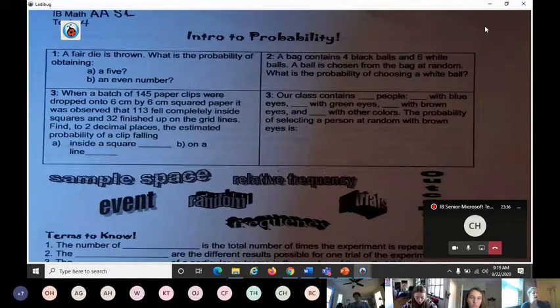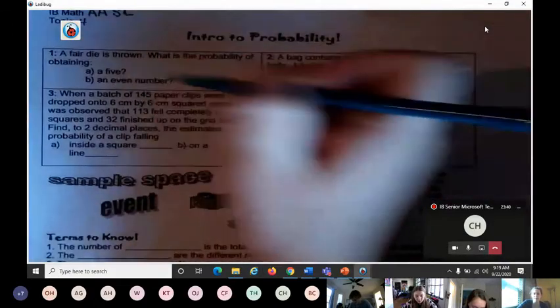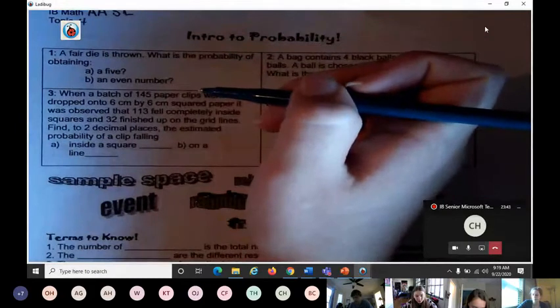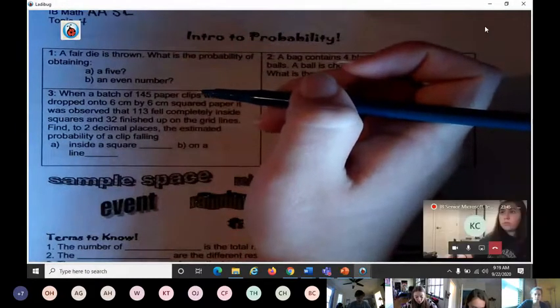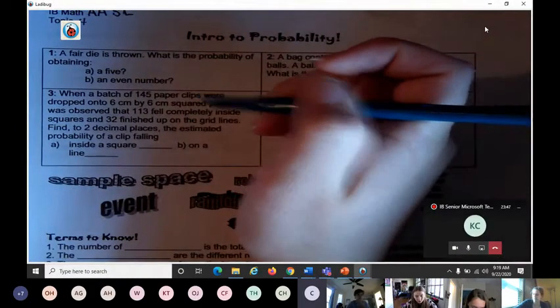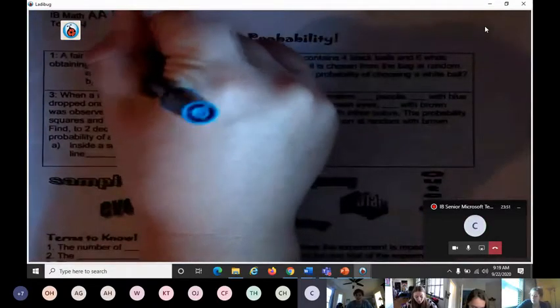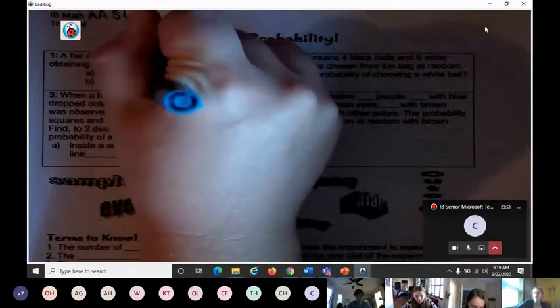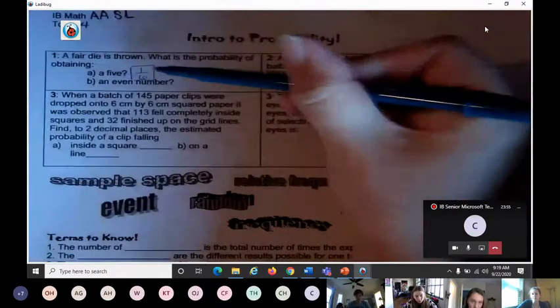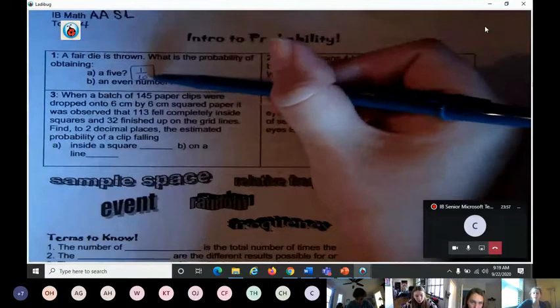Okay, so Sienna, can you tell me what is the probability of rolling a 5? One out of 6. Yep, perfect. So 1 out of 6 is going to be our answer for part A. We're just taking the number of 5s that are on the die and then the total number of sides on the die.